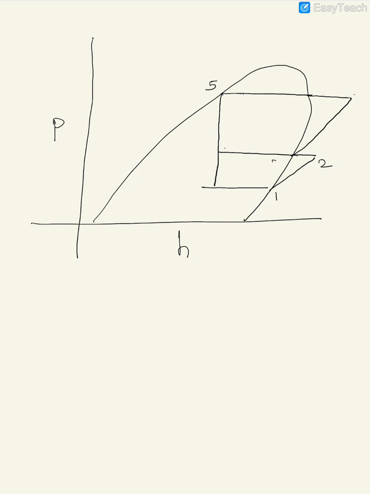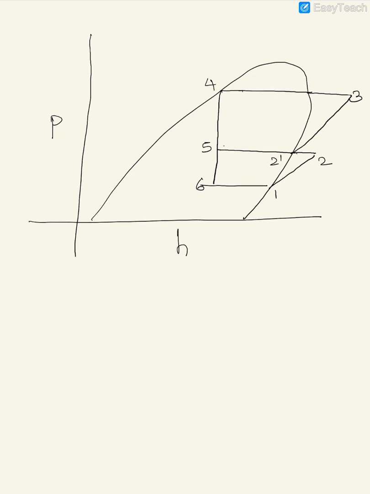This is 2 dash intercooling, 2 to 3 is second stage compression, this is 4, this is 5, and this is 6. Okay, so in this loop, there is a mass M1 flowing, and in this loop there is a mass M2 flowing.